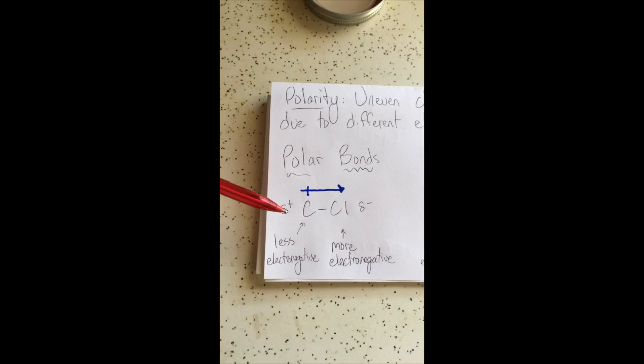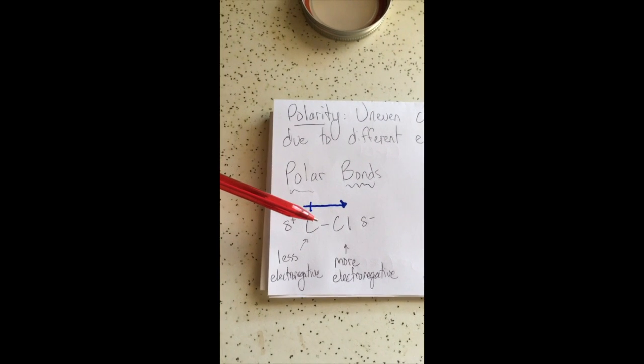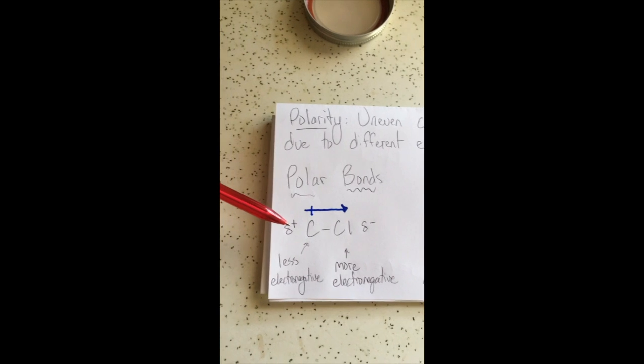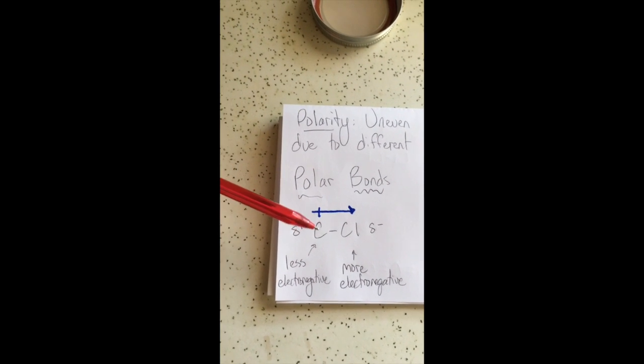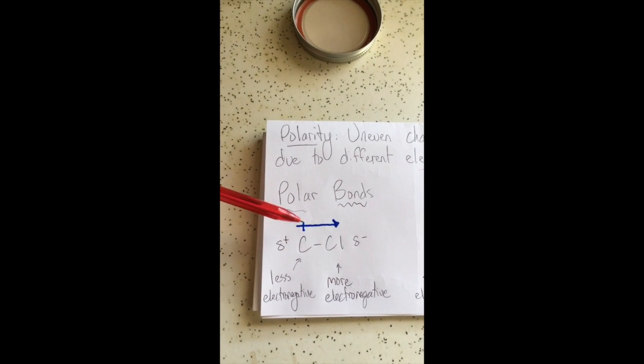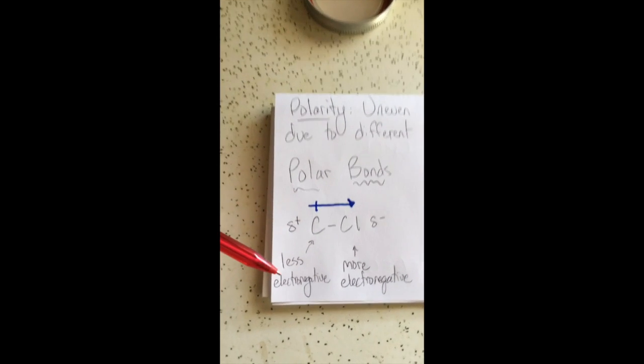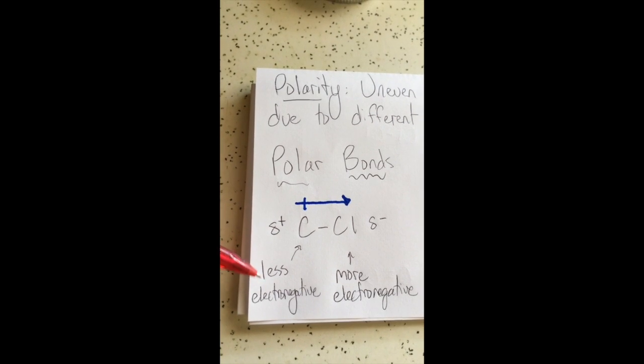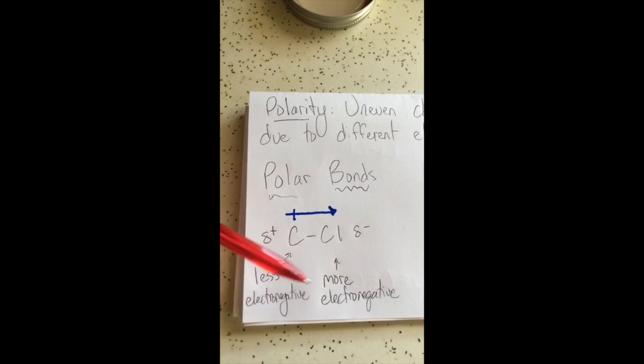And then the carbon has the electron density shifted this way, so the protons are more evident, and so you get a partial positive charge here. Again, this one's less electronegative, this one's more.